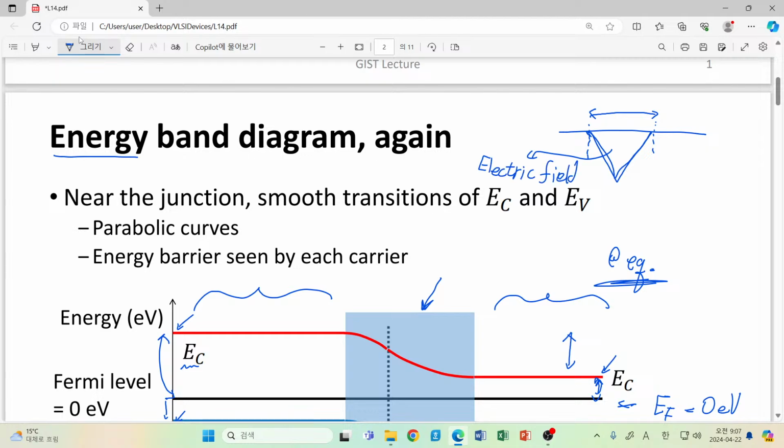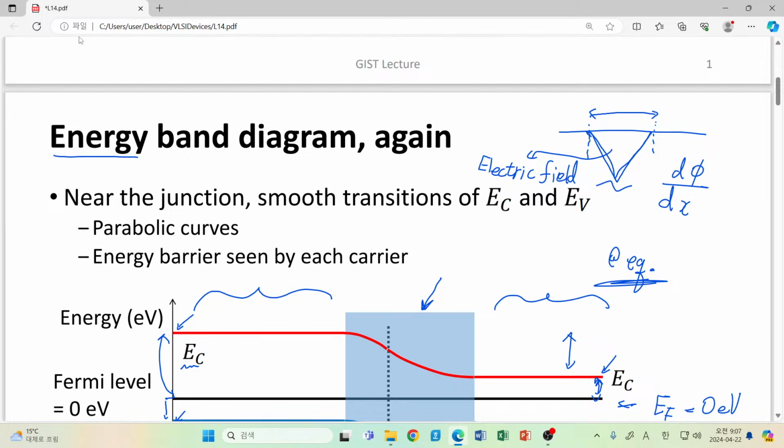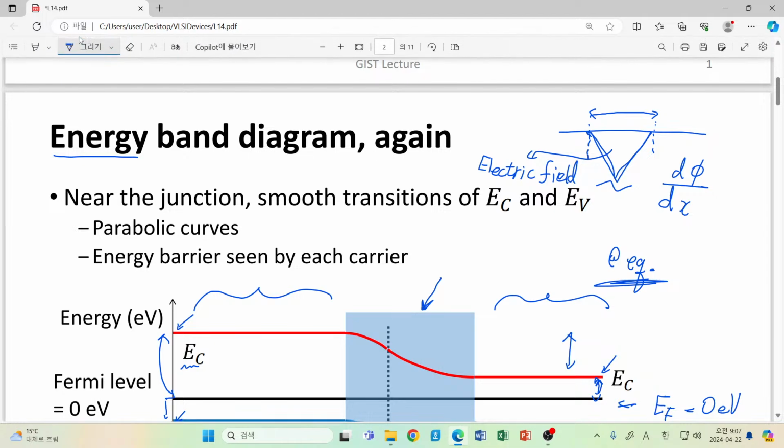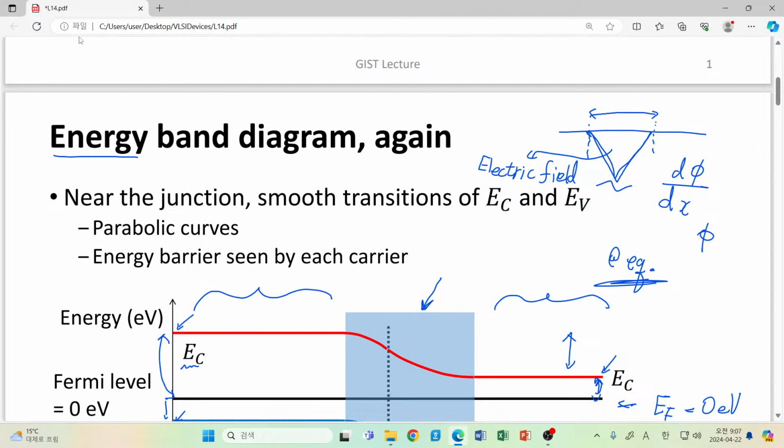Since electric field is obtained as just the first order derivative of our electrostatic potential, if we are considering the shape of our electrostatic potential, then we can just integrate this electric field once more. Here you can see that this electric field follows a piecewise linear function, so you will immediately understand it will become a piecewise parabolic function.